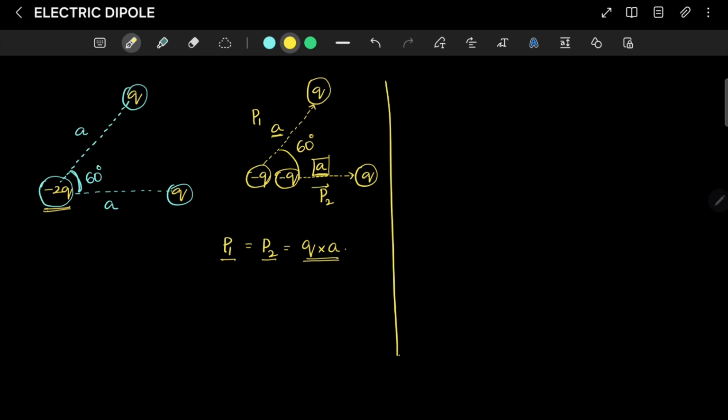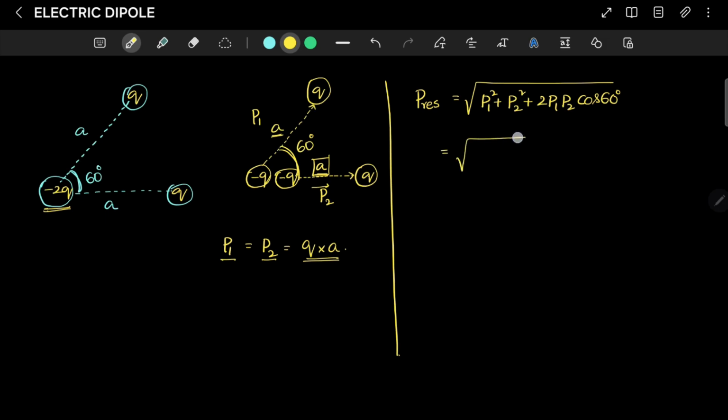So according to the resultant formula for two vectors, and dipole moment is a vector, we have to find the resultant, which is the square root of P1 squared plus P2 squared plus 2 P1 P2 cos theta, with cos 60 because both are at an angle of 60 degrees.